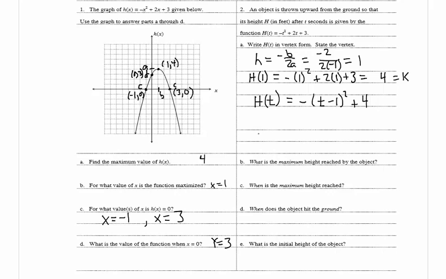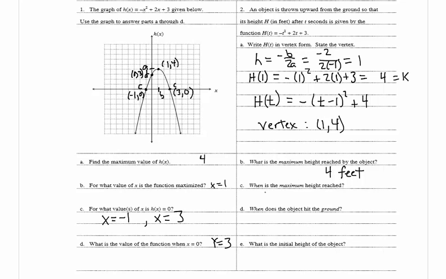And now our vertex is (1, 4). And B, it asks, what is the maximum height reached by the object? The maximum height reached by the object is 4 feet, which is the y-coordinate of our vertex.